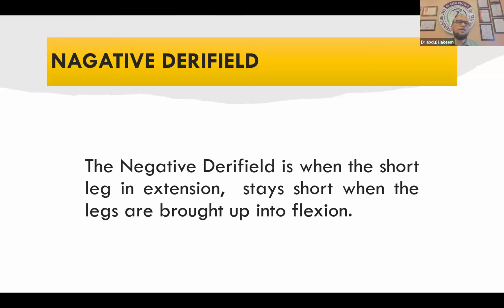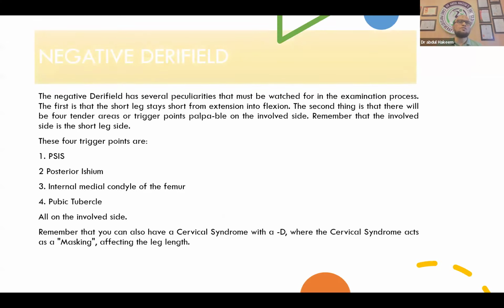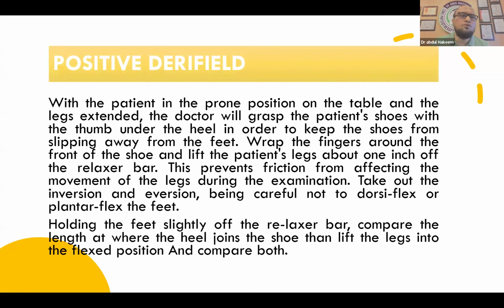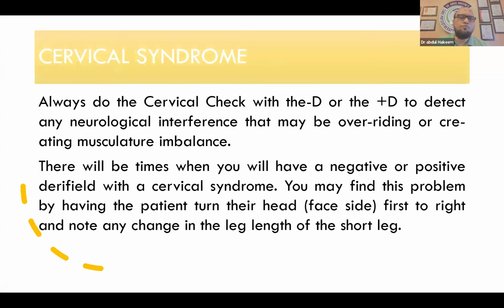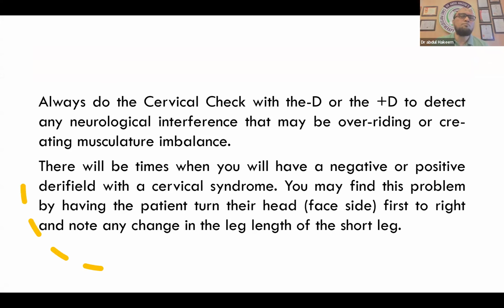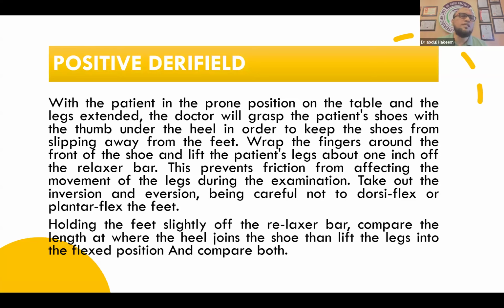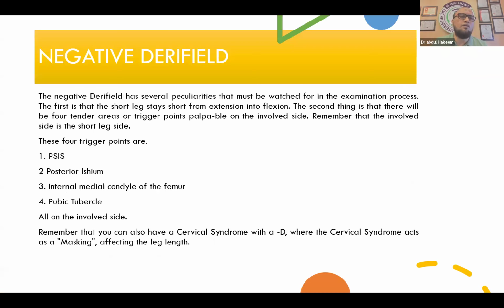In negative Derifield, two possibilities are there. One possibility is cervical syndrome. If you don't find cervical syndrome, there is a possibility of a change in the sacrum, because in negative Derifield we are not looking at the ilium. In the sacrum, there is a position called anterior inferior sacrum, that is AI sacrum.